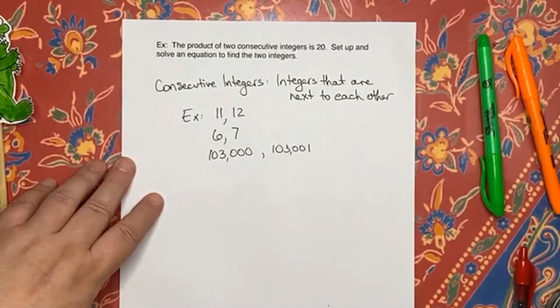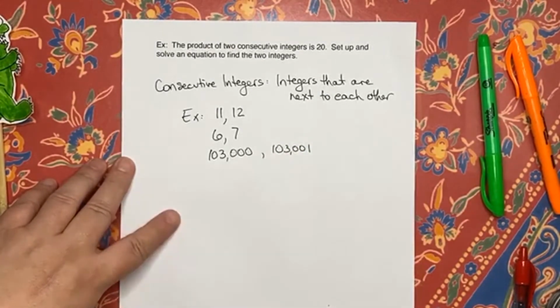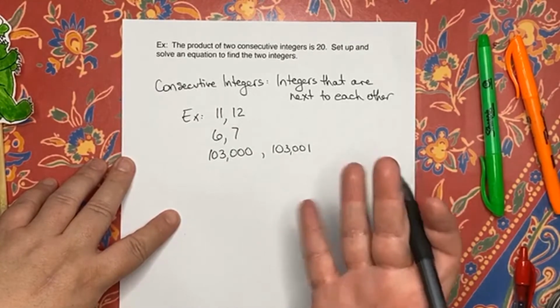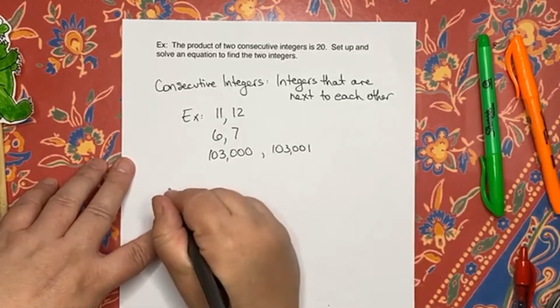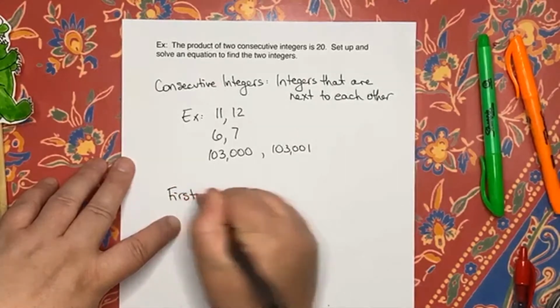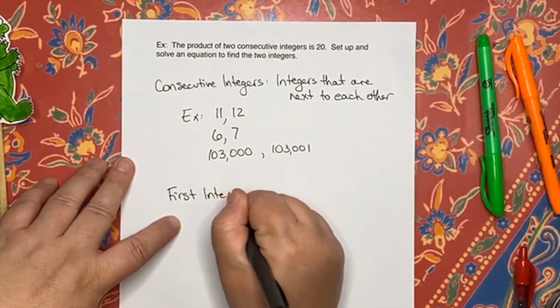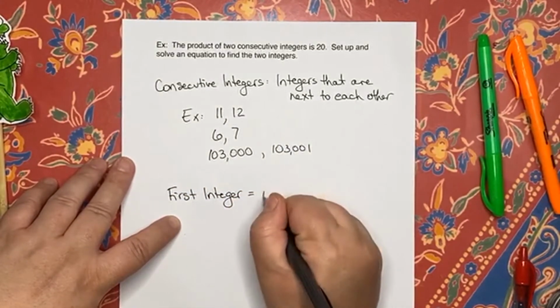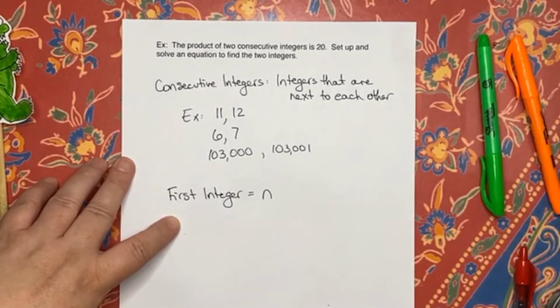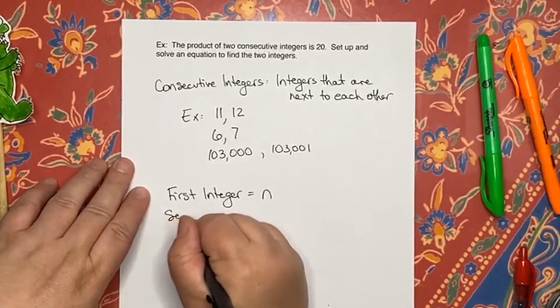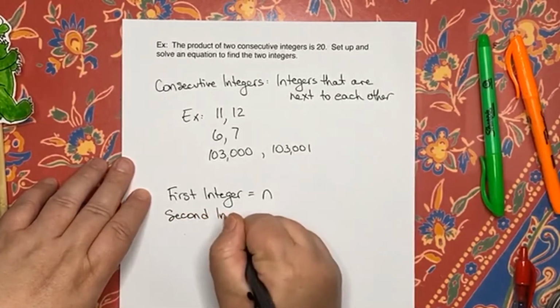So if I have consecutive integers, this is the way I look at it. You can also read the book. They have a slightly different way of looking at it. First integer. And I've always used the letter n for number. So I'm going to say the first integer is n. Then I need to figure out what the second integer is.